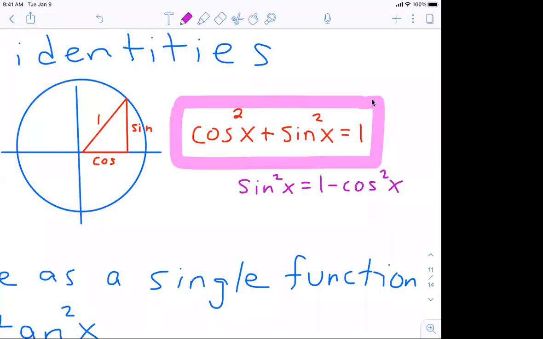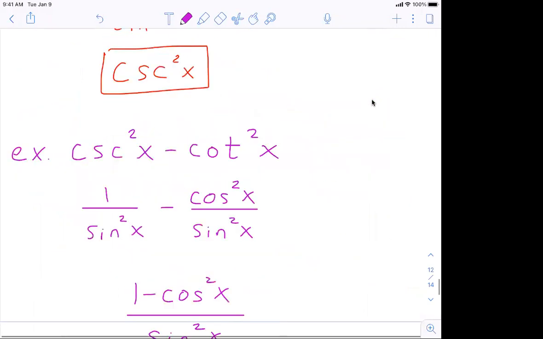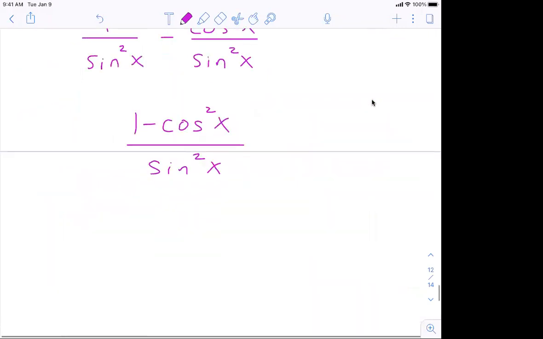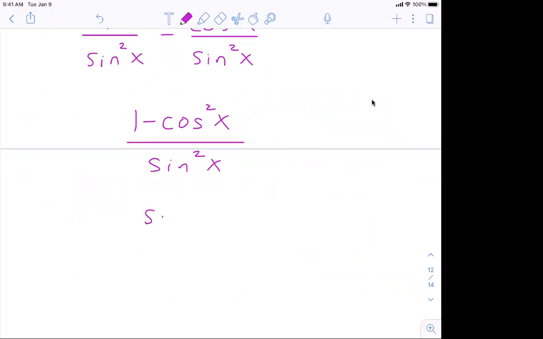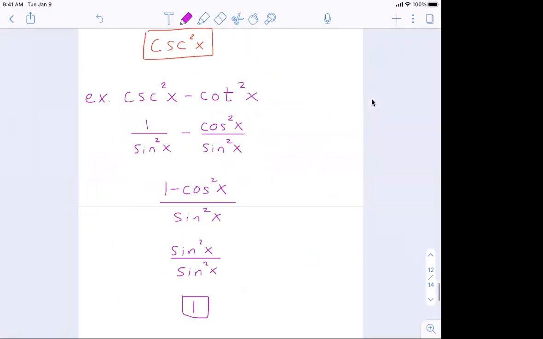So that means I can replace 1 minus cosine squared x with sine squared x. So 1 minus cosine squared x is sine squared x. And that's then over sine squared x. And that whole ugly problem reduced to just 1.